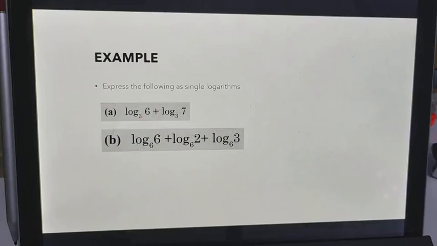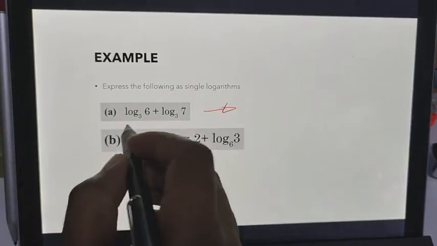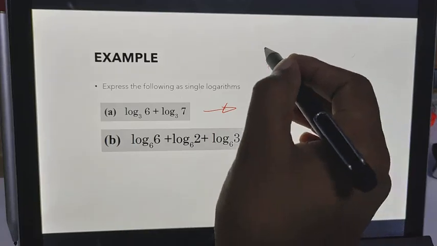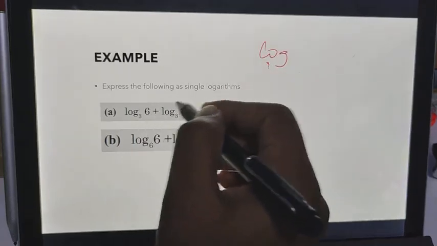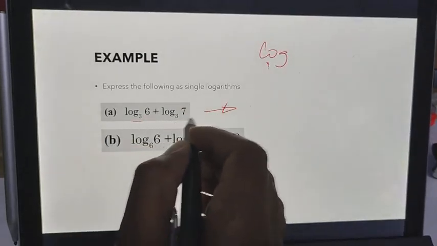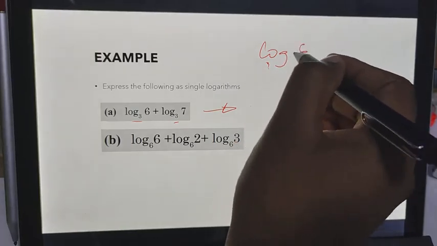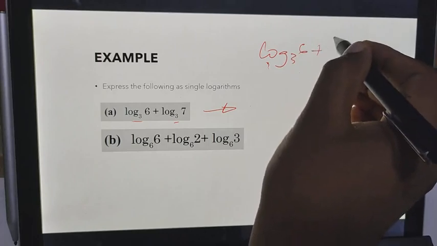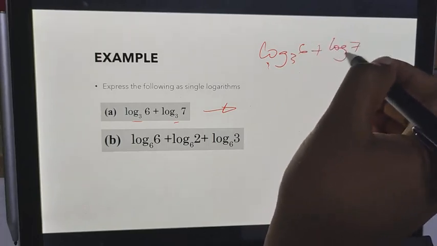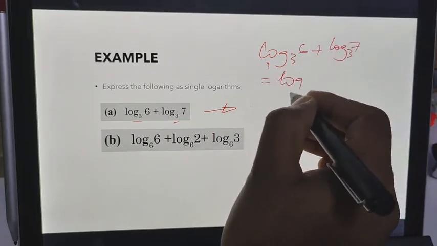Okay, so let's have an example. Example 1: express the following as single logarithms. We have two logarithms there and we need to express them as one. Log 6 base 3 plus log 7 base 3 should be equal to log.